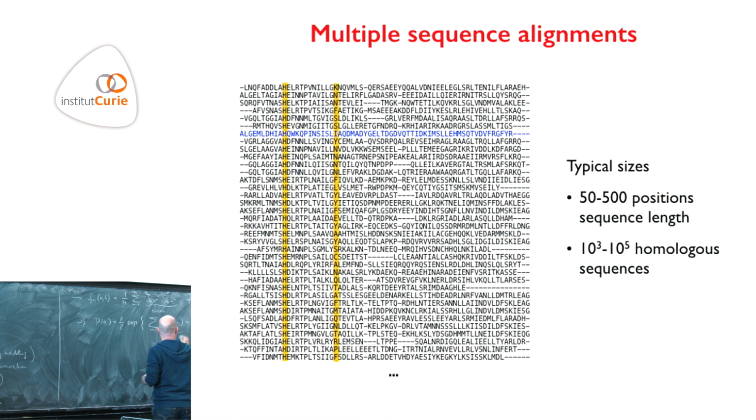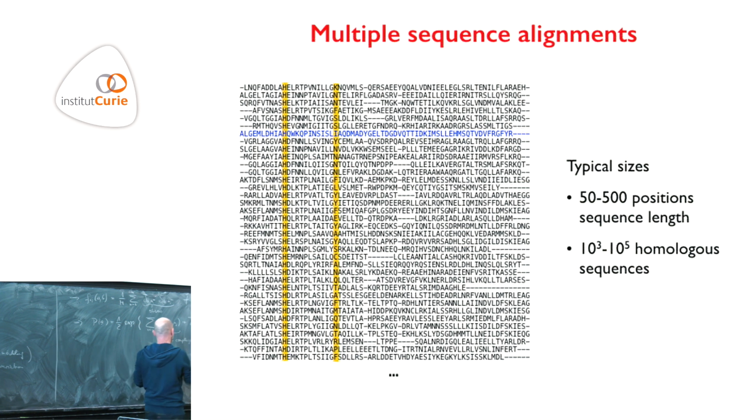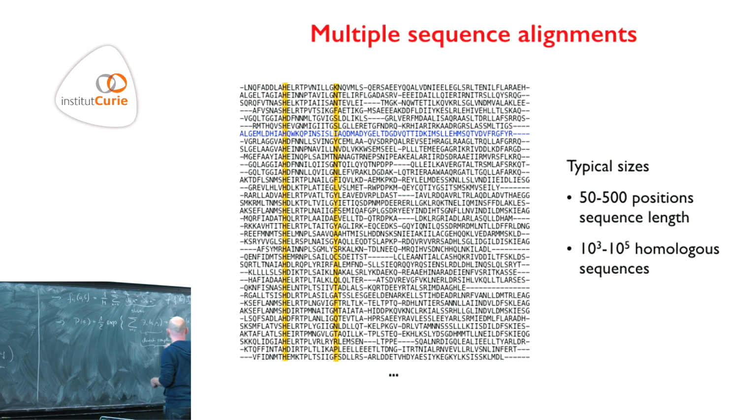And these ones here are called direct couplings. So these are statistical couplings. And the whole method is called DCA, for direct coupling analysis.